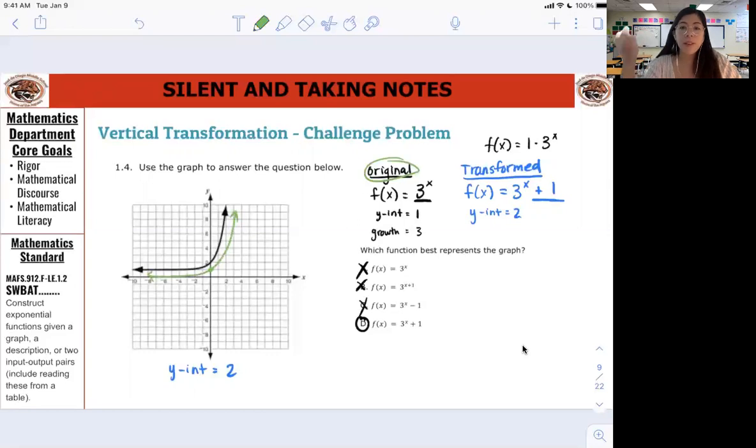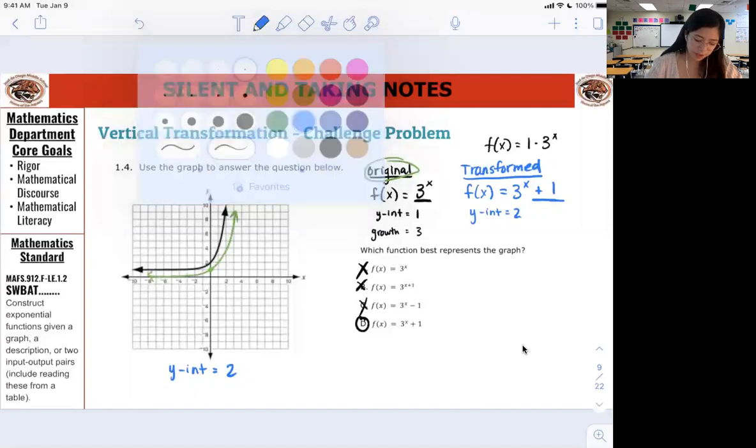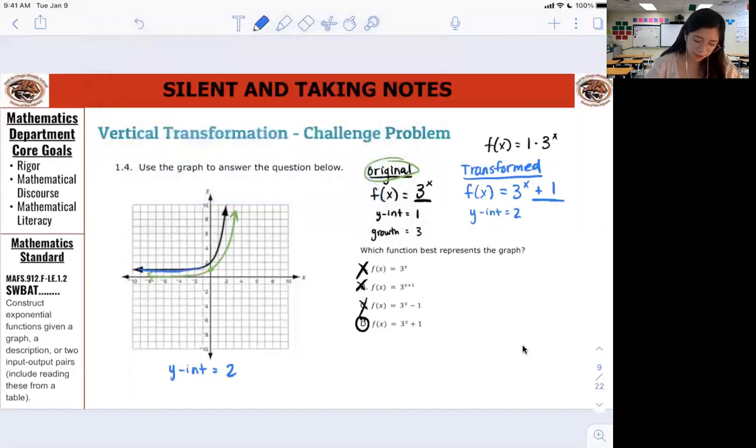So then the graph that they do show us, the transformed graph, is up 1 step from the original. It's just +1. So that's why D is the correct answer, because they transformed it by bringing it up 1 step, not by bringing it down 1 step. Okay. So that one, again, trickier, but how do we feel? Any questions now?